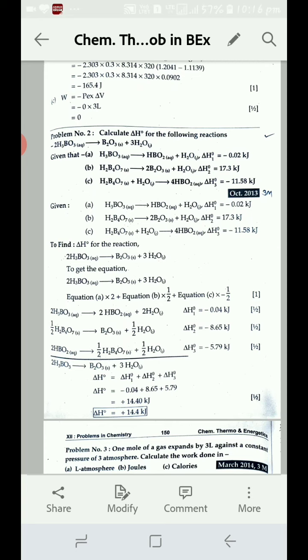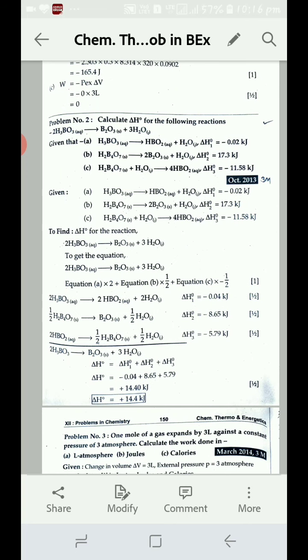So the special condition, that is reversible and isothermal, is not mentioned. So you have to write W is equal to minus P into delta V as a formula.